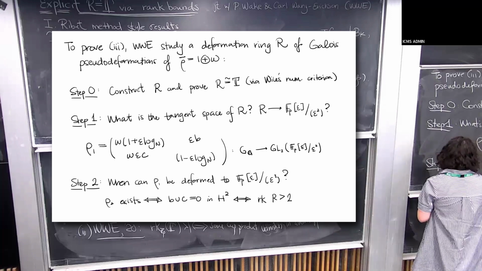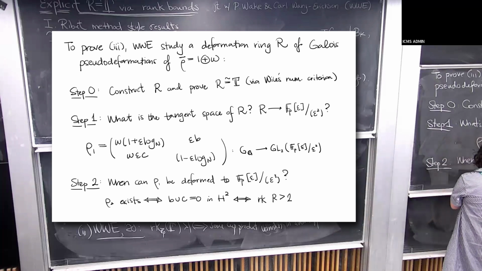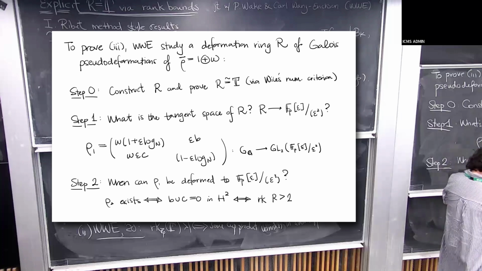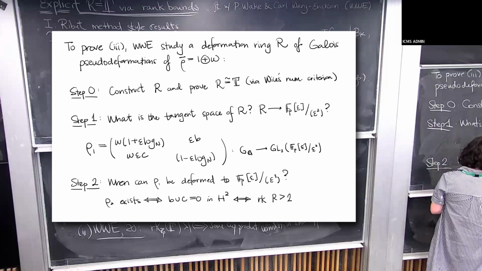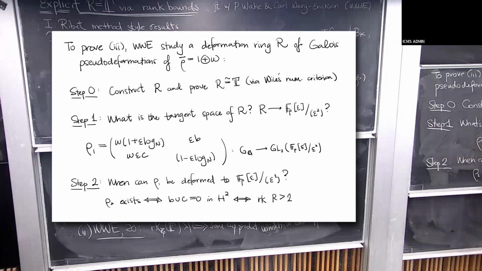Okay, so the question for the last step, when can rho 1 be deformed to second order? And so they show that rho 2 exists if and only if the cup product B cup C equals 0 in H2, if and only if the rank of R is strictly greater than 2.